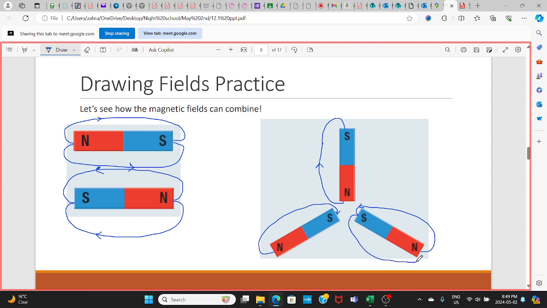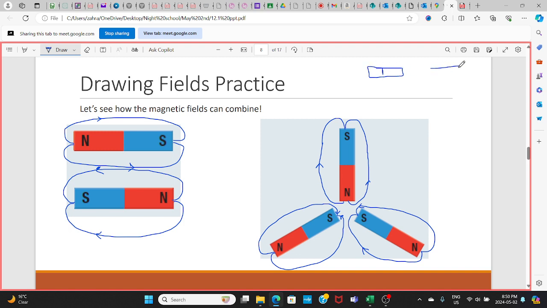I'm going to put that north to south. North to south, right? Okay, just this one. North to south.